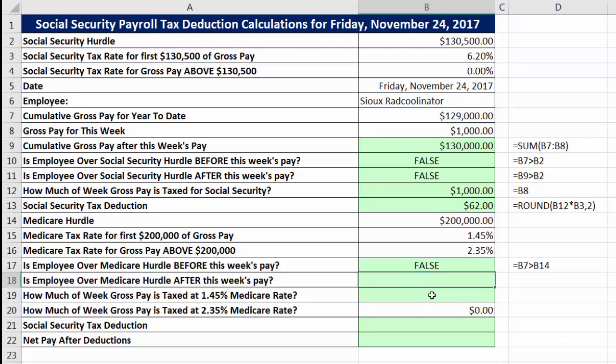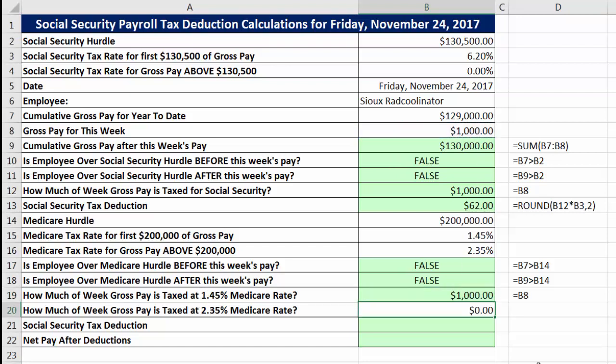Well, of course, that's going to come out false. Now, we already calculated the gross pay after, so there it is. Is 130,000 greater than the hurdle? We get a false. So that means how much of weekly gross pay is taxed at 1.45%? It's the whole amount.